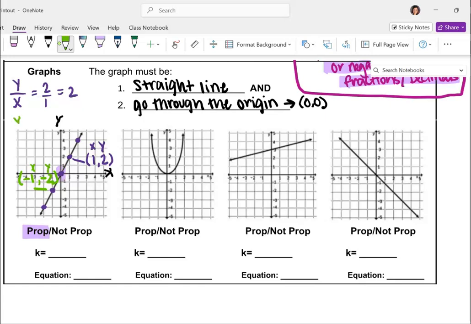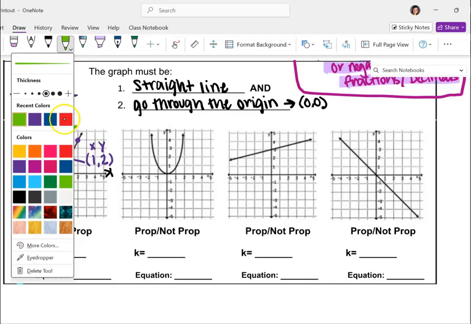And so now I can still do y divided by x. Now I have negative 2 divided by negative 1. And we know a negative divided by a negative cancels, and that becomes just 2, because negative 2 divided by negative 1 is just a positive 2.